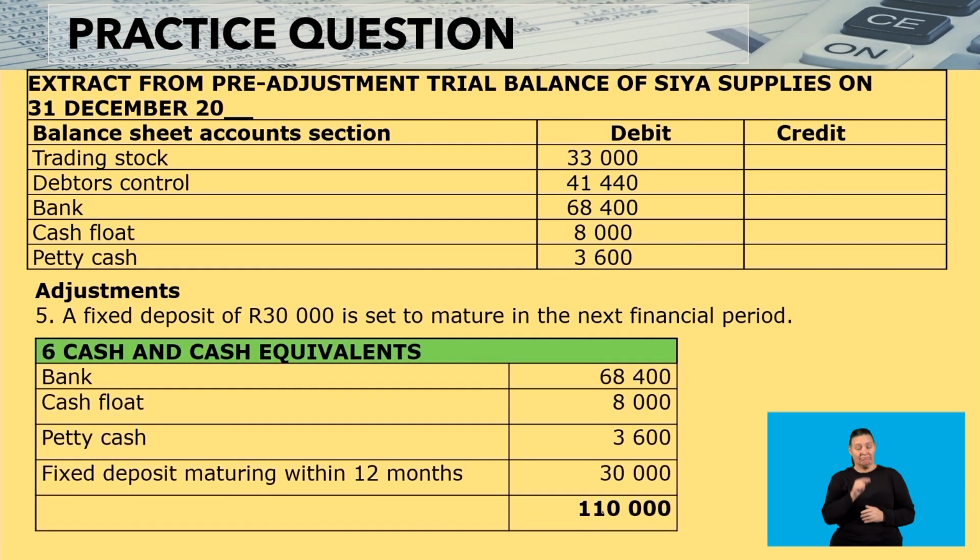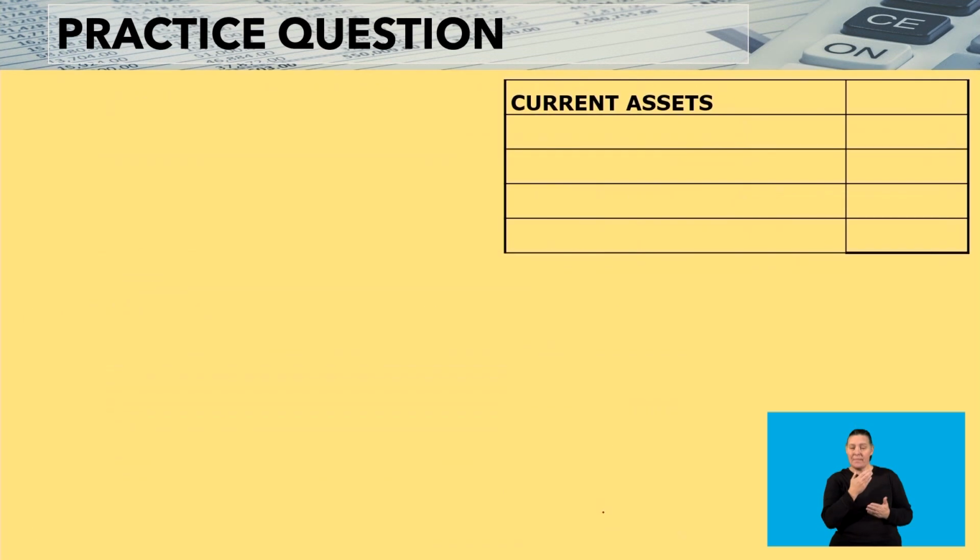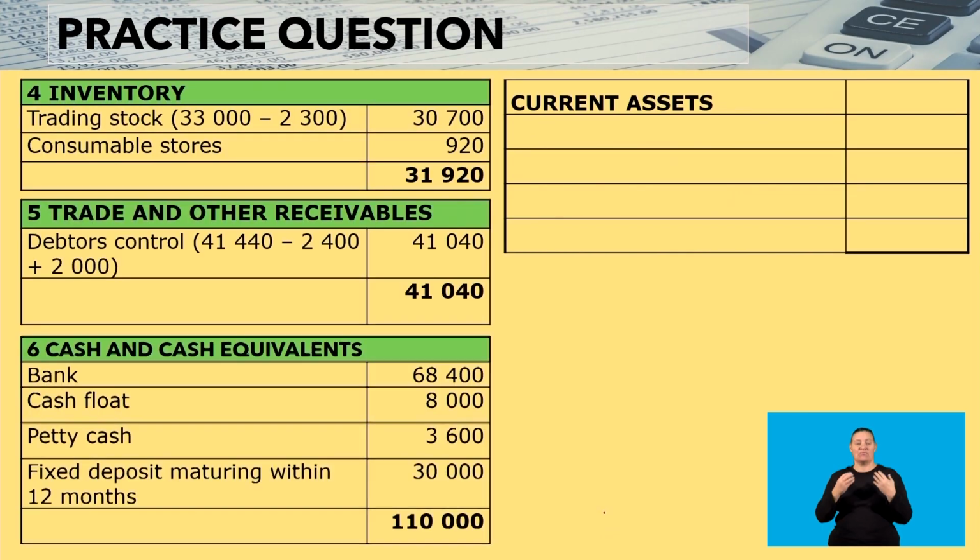In this case, I can then go and complete my current assets. Remember, I have my inventory. So I'll bring my inventories here. Remember, this is note 4, and I have 31,920.